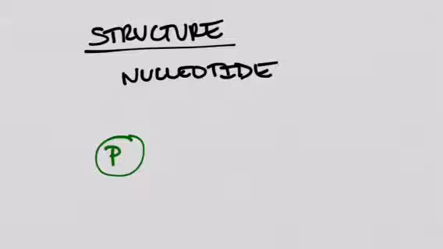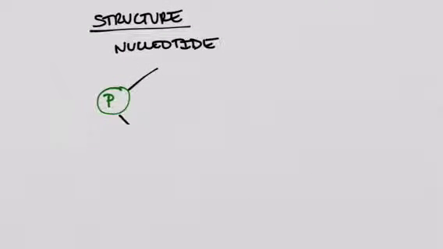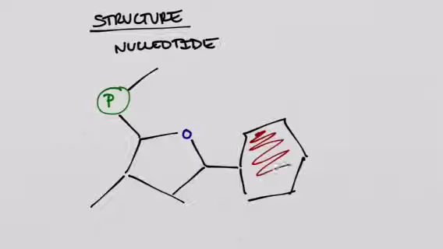And zoom out just a little bit. That phosphate is connected to a sugar, which is a 5-ring sugar, and that sugar is connected to what's called a nitrogenous base, and I'm going to color that in red.